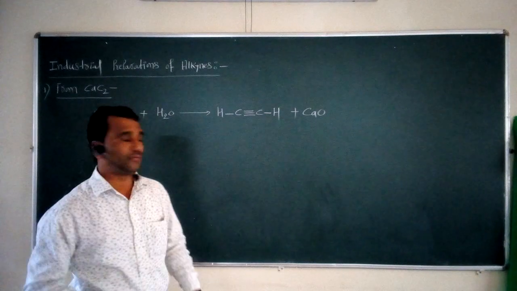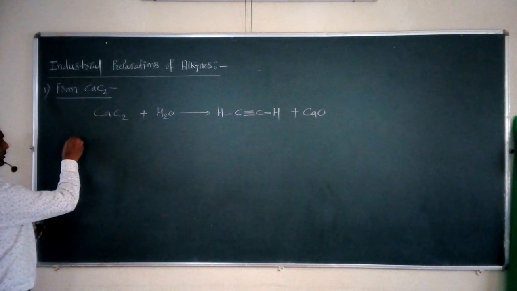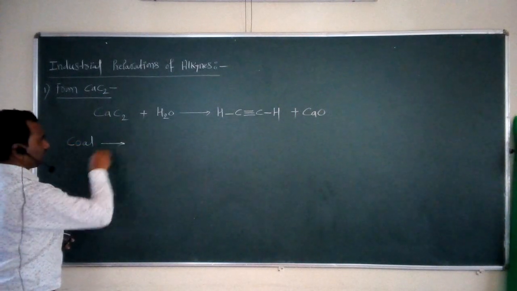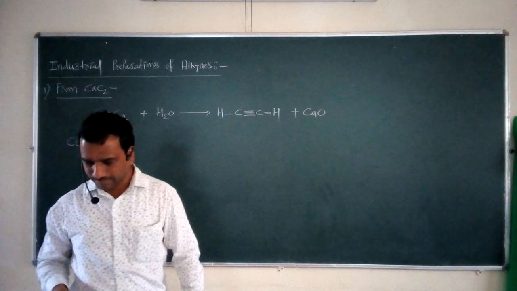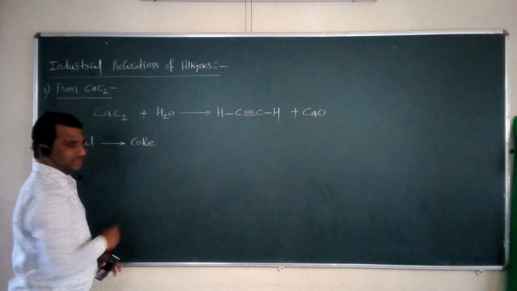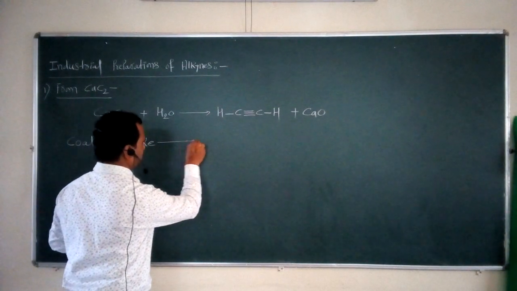So how do we form this calcium carbide? First of all, we have to take coal. From this coal, we can form coke. This is one of the possible reactants.